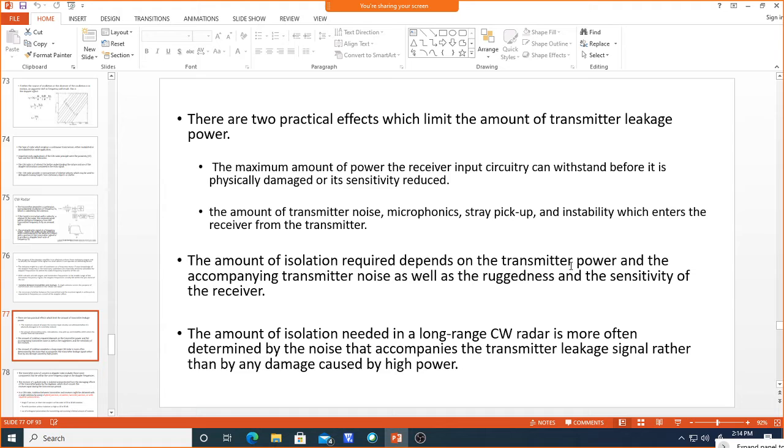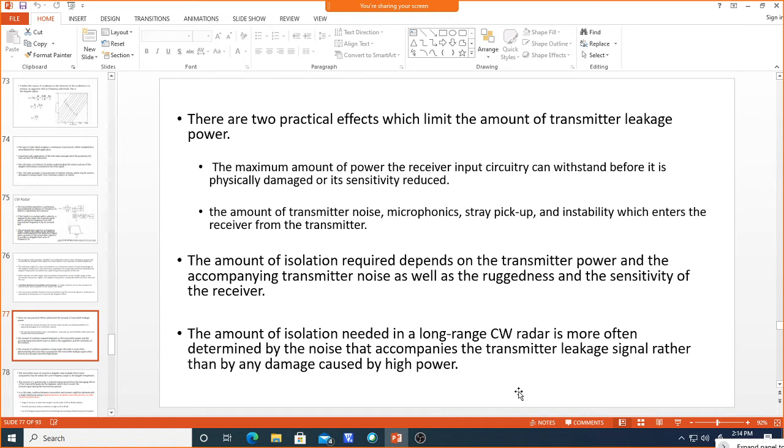If the transmitter power is high, in terms of kilowatts or megawatts, then the noise will also be high and it will affect the receiver. This transmitter noise will also affect the receiver, so the receiver should be very rugged and also very sensitive.